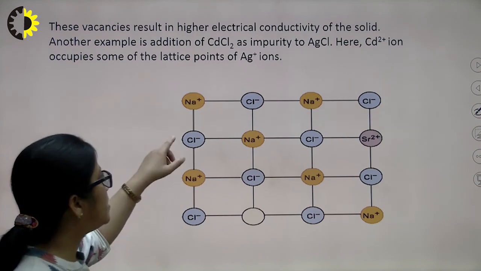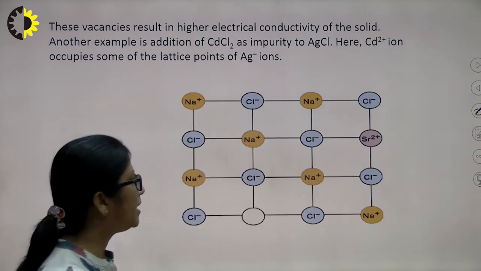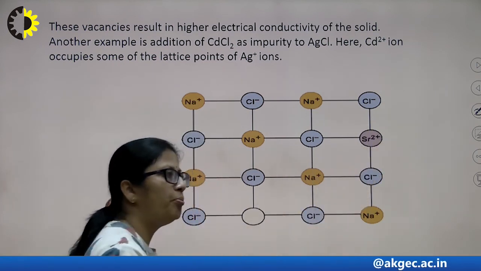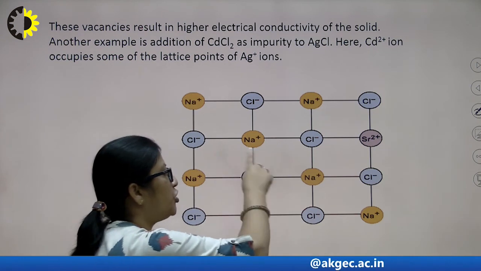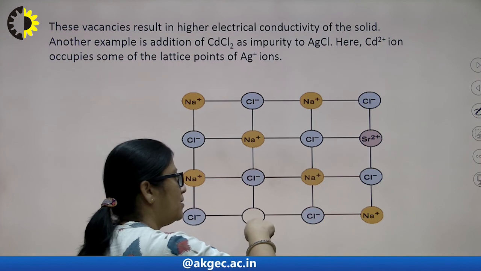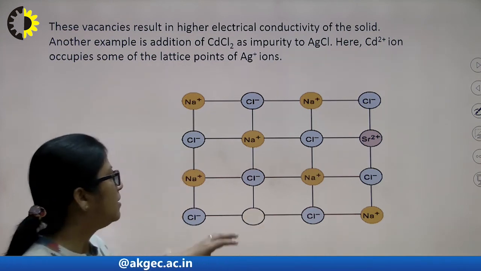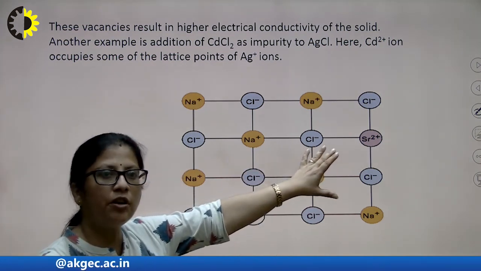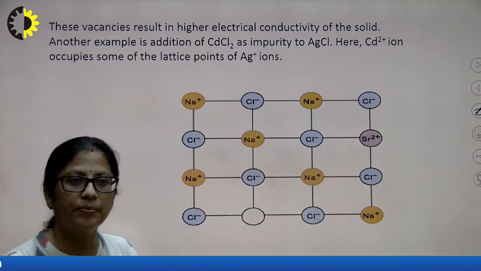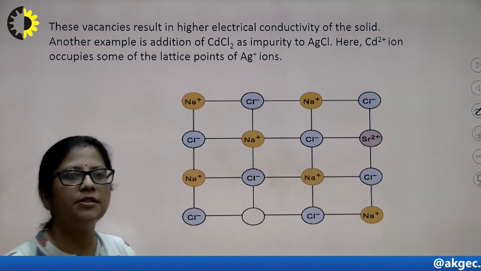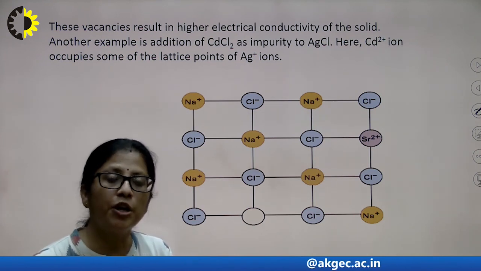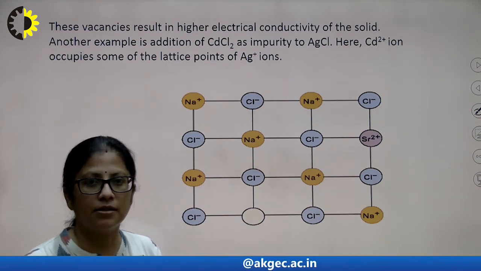In this case you can see Na+ Cl-, but in one case Na+ is being occupied by Sr2+. To maintain the electrical neutrality, this vacant site will be left out, and because of the introduction of impurity of the same size but of higher oxidation state, these vacancies result in higher electrical conductivity of the solid. They can function as p-type semiconductors.